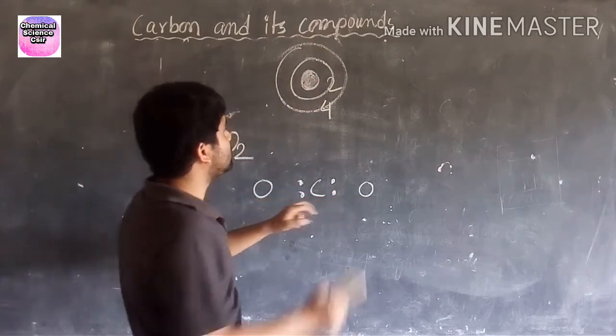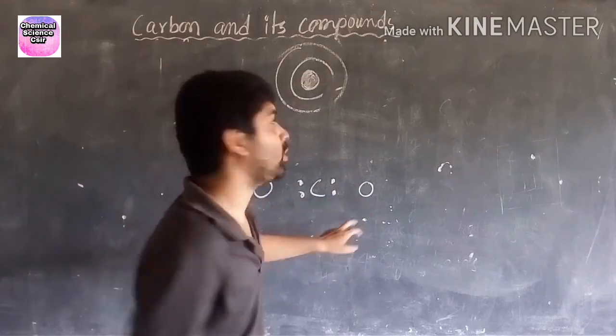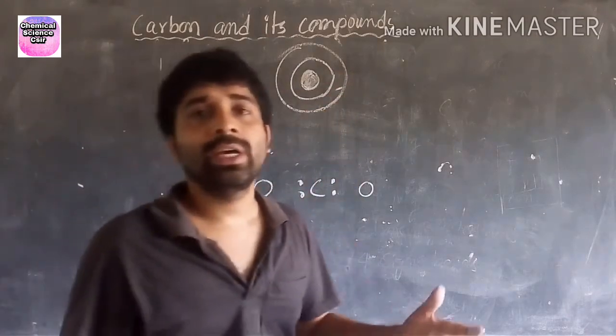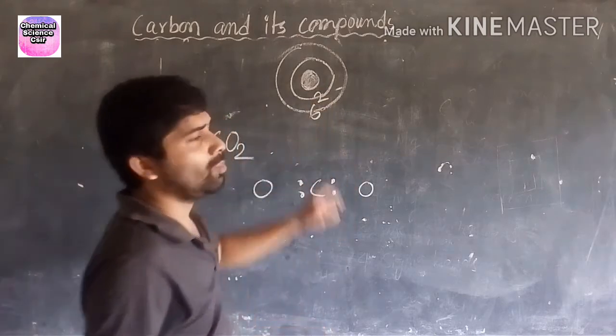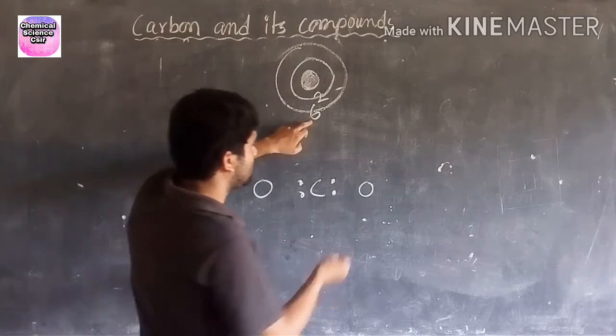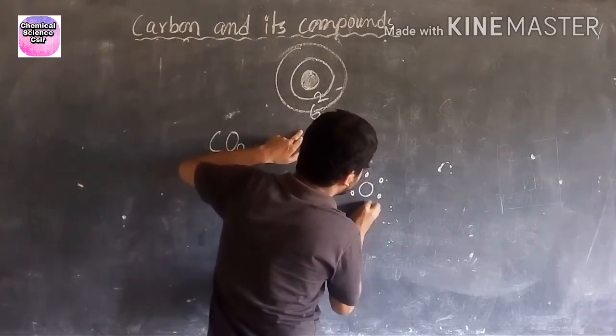Now for oxygen, the atomic number of oxygen is 8. So the first shell has 2 and the second shell has 6. How many electrons are occupied in the outermost shell? 6: 1, 2, 3, 4, 5, 6.